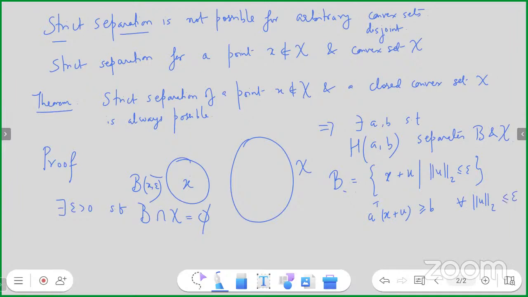This is from just this statement. So now where is this the tightest? Where is this inequality the tightest? For what u? Those are the bad points I want to avoid somehow.